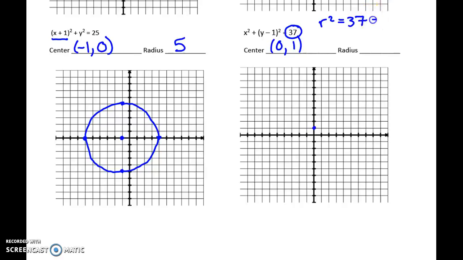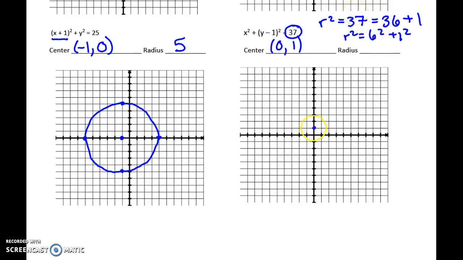Because if I think about it, 37 is the same thing as 36 plus 1. So when I was doing the Pythagorean theorem to find that length, that means at some point I had r squared equals 6 squared plus 1 squared. So that means that if I can go up 6 over 1 or over 6 up 1, that will still create a segment length that is square root of 37 long.